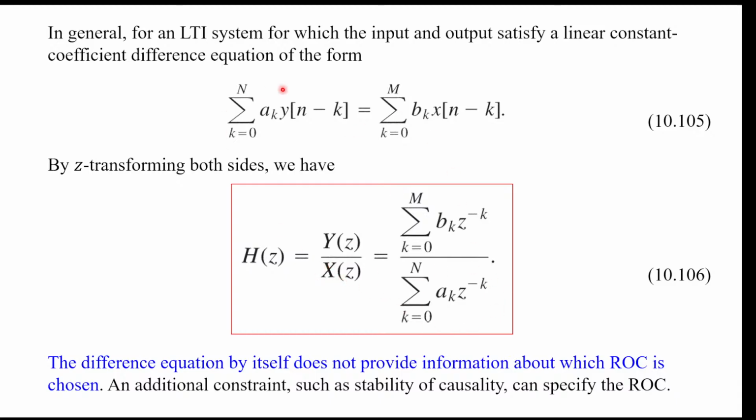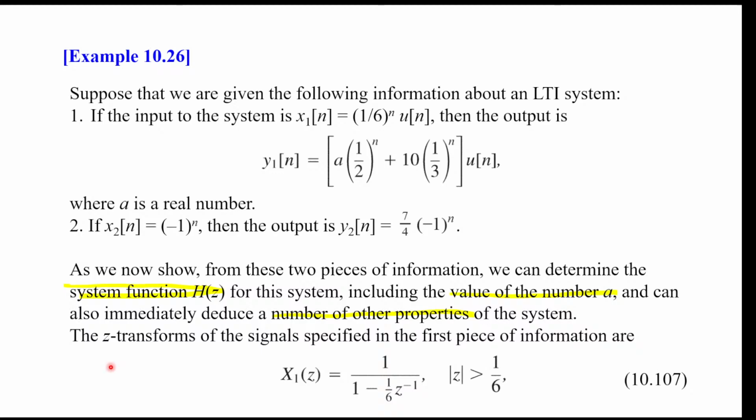The coefficient of Y(z) is down here, the coefficient for X(z) is up here. You have the summation b_k z to the minus k over the summation a_k z to the minus k. So you can just look at the equation and write down the algebraic part of H(z). And then the ROC you need to determine by other conditions. Okay, so let's see more examples of this.